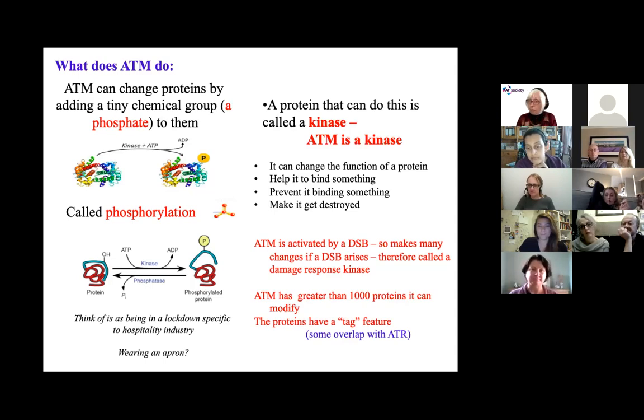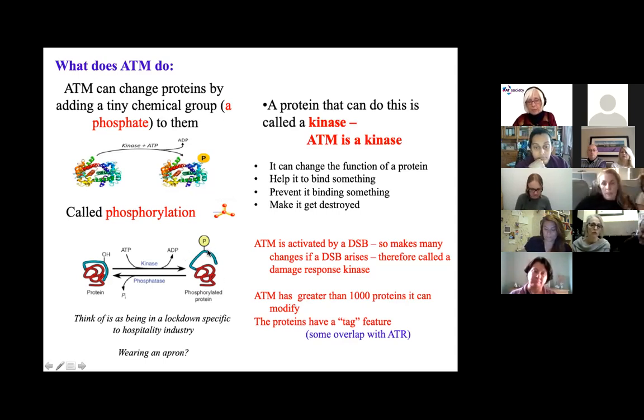There are quite a number of kinases in the cell, but in fact only 2 that are activated by a double-strand break. What they recognize is very different, and the other one is recognized in the process that is repairing these double-strand breaks.